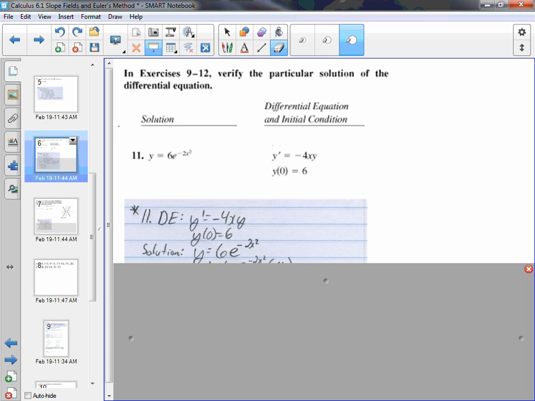Our initial condition is that y of 0 equals 6. So whenever x equals 0, y will equal 6. And our solution, and it really is the solution because the directions say verify, is y equals 6e to the negative 2x squared.